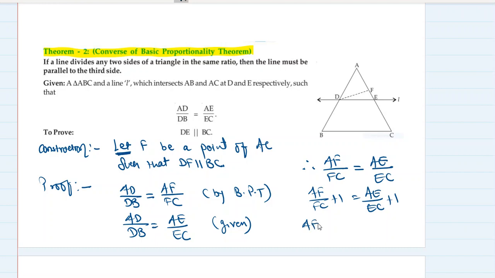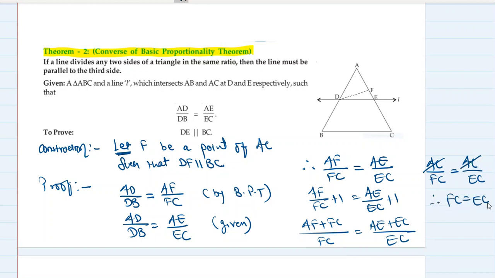So we will get AF plus FC upon FC is equal to AE plus EC upon EC, which is AF plus FC is AC upon FC is equal to AE plus EC is AC upon EC. Now both the sides AC will cancel, and therefore FC is equal to EC.